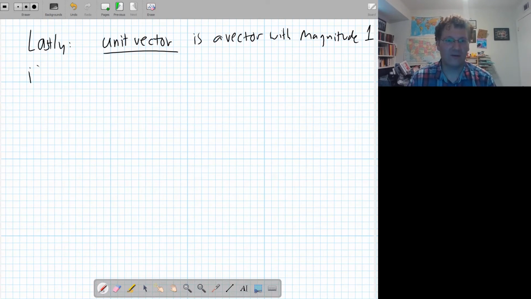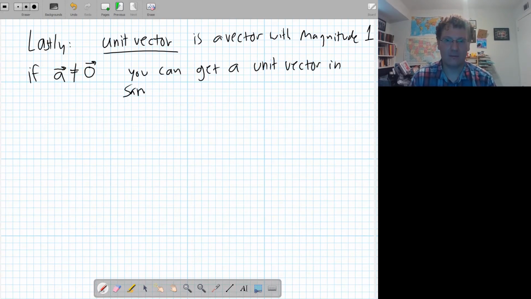As long as your vector is not equal to the 0 vector, you can get a unit vector in the same direction as A. The unit vector, I'll call it U, is going to be, I'm going to multiply by the reciprocal of the magnitude.